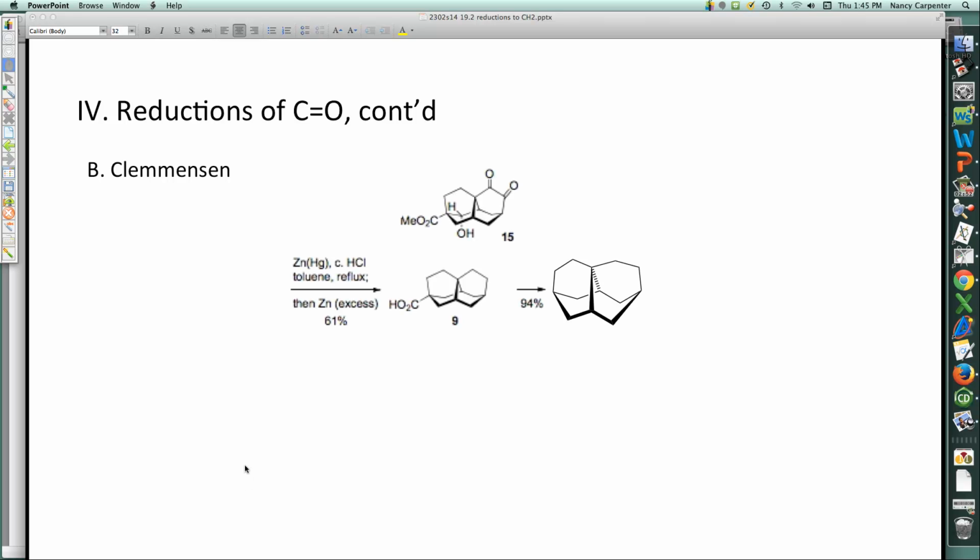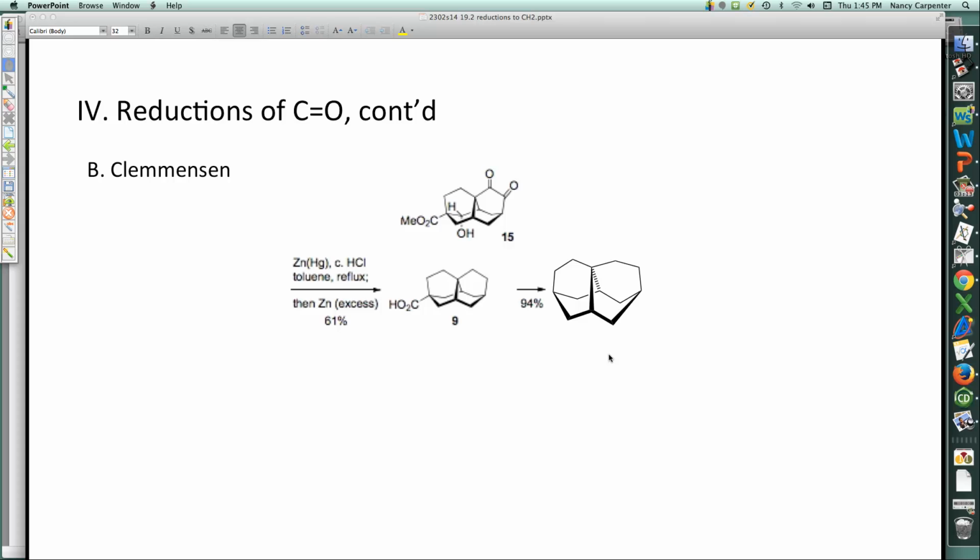So here's an example, an extremely recent example of the Clemmensen reduction. This was just published in February of 2014, I think it was February 14th, maybe. I don't know, but it was very recently published in a route towards this interesting little beastie.